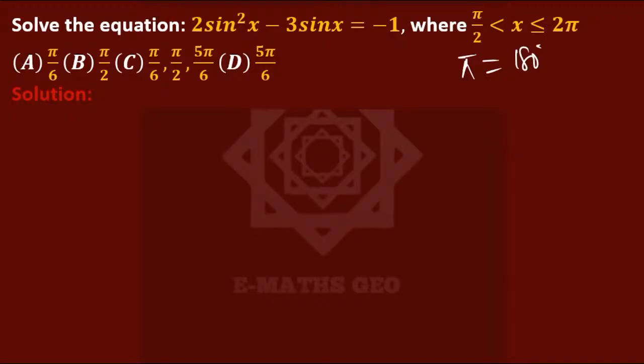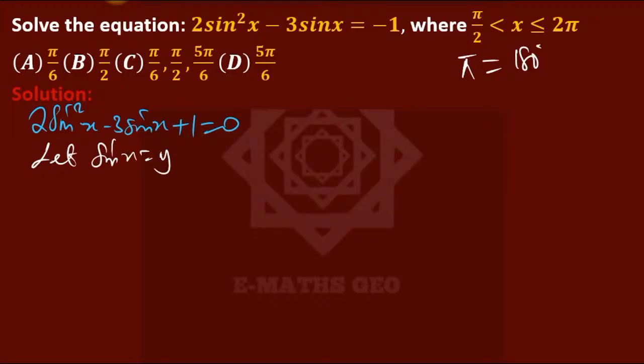So let's solve. First of all, let's move everything to the left hand side, so minus 1 becomes plus 1 equal to 0. To make it easy, just let sine x be y. We now have 2y squared minus 3y plus 1 equal to 0.